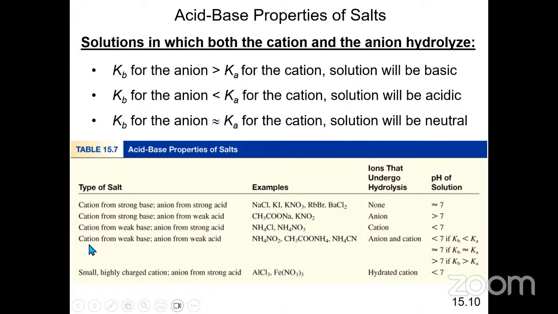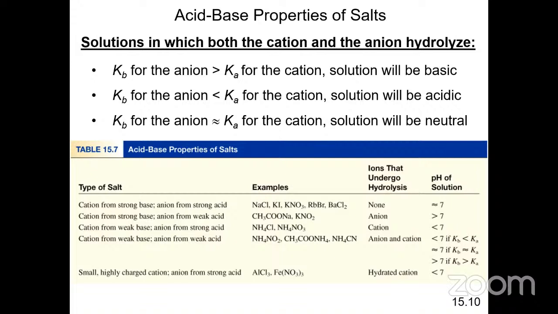Now, if you have a situation where both the anion and the cation are formed from weak acids and bases respectively, then it all comes down to whether or not the Kb value is greater or less than Ka. If the Kb is less than Ka, the resulting solution is going to be acidic. If the Kb is greater than Ka, the resulting solution is going to be basic. And if the Kb is approximately equal to Ka, then the resulting solution will be approximately neutral, all right?